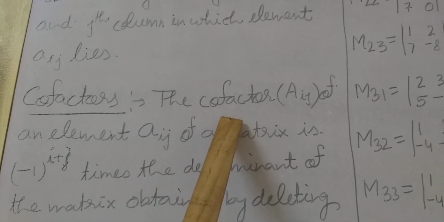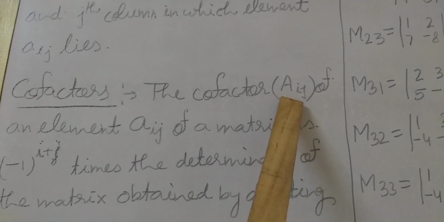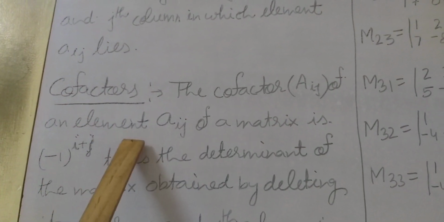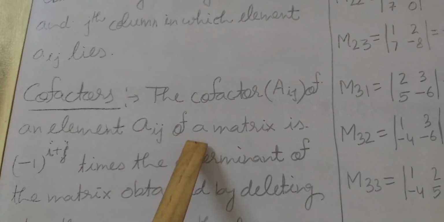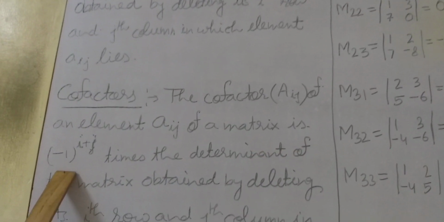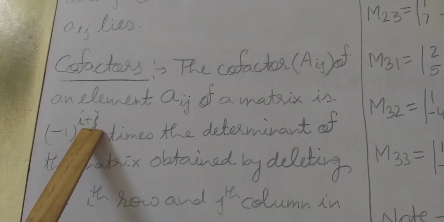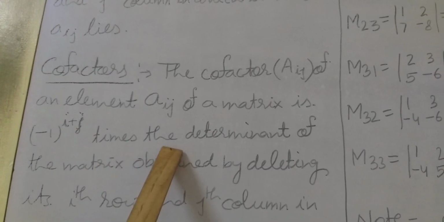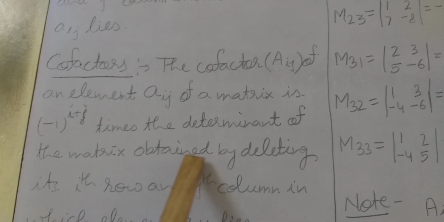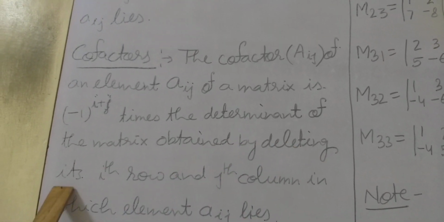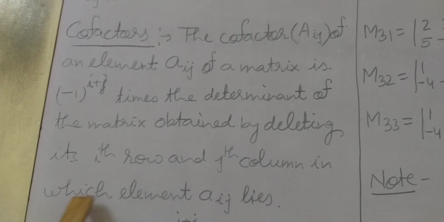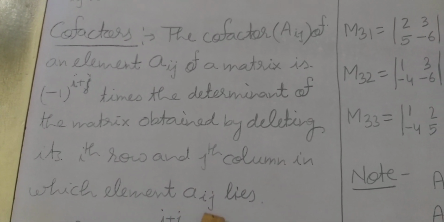The cofactor, denoted by Aij, of an element aij of a matrix is (-1) to the power i plus j times the determinant of the matrix obtained by deleting its ith row and jth column in which element aij lies.